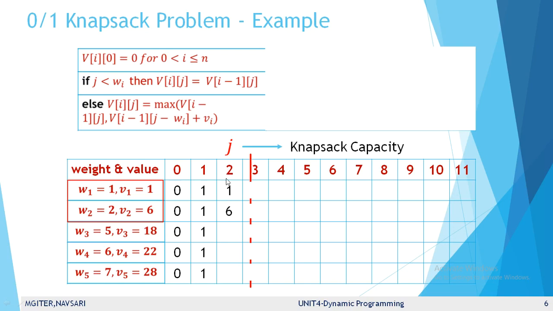But the capacity of the bag is 2 kg, so we include the second object here, and the value of the second object is 6 rupees. So we write 6 here. In the same way, for the other rows, the capacity of the bag is only 2 kg, so we include only the one object with a weight of 2 kg and a value of 6 rupees. So we write 6 here.